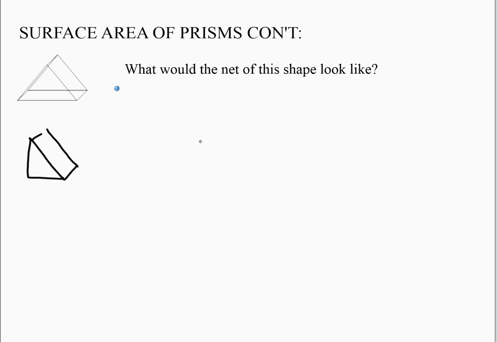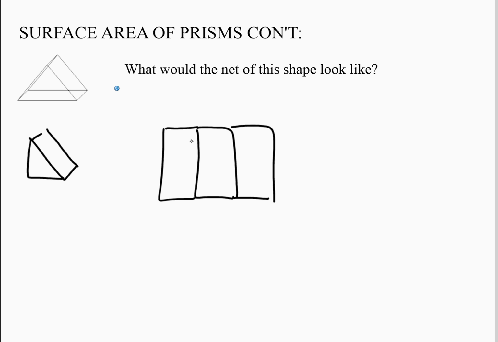So if we drew that, we have a rectangle, a rectangle, a rectangle, a triangle, a triangle. As I said, sometimes these rectangles are the same, sometimes 2 of them, sometimes these 2 are the same, and the one in the middle is different, and sometimes all 3 of them are different. So how would we find the surface area?